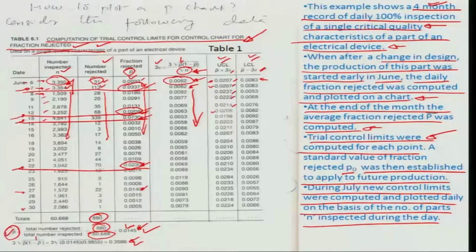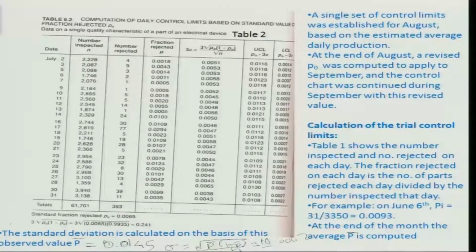So, you take out 70 items, 339 items, 68 items and 31 items from the number rejected, and similarly you also take them out from the number inspected, like 3350, 3354 items on the 7th, 3252 items on the 12th, 4641 items inspected on the 13th. So, you are completely eliminating these 4 points which are outliers and finding the fresh P dash value corresponding to that, and that comes out to be 0.0065.